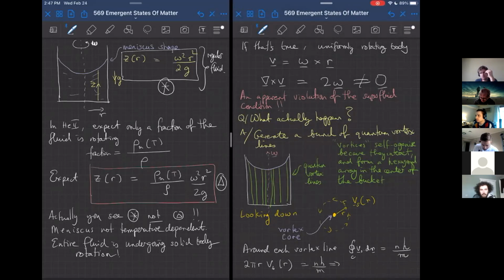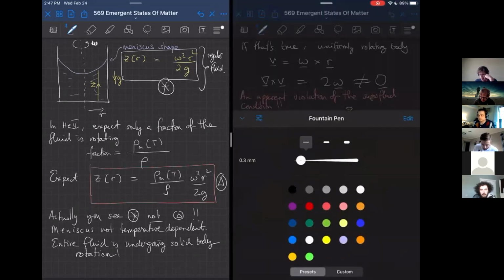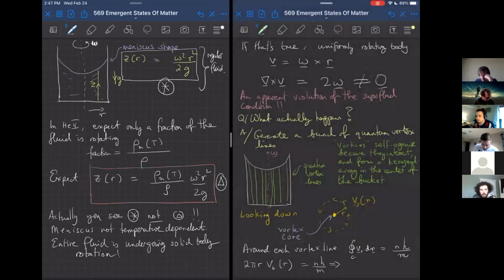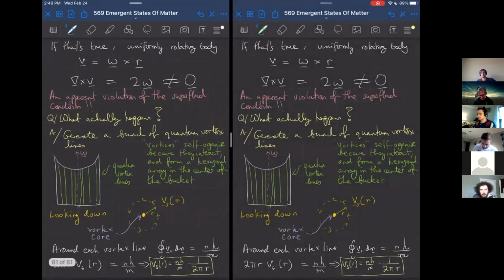So what I learn is that away from a quantum vortex line, the superfluid velocity as a function of r goes like nh over m times 1 over 2 pi r. So we have a velocity field that decays as 1 over r as you go away from a vortex core.